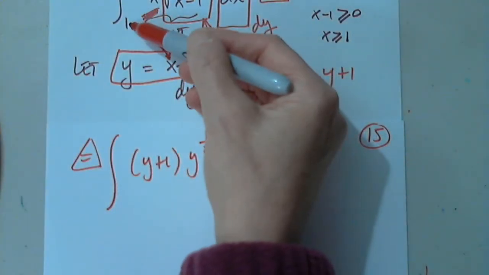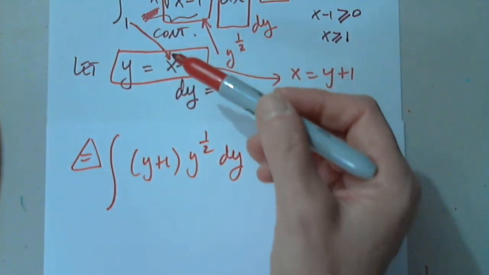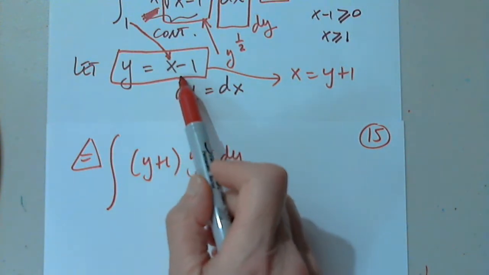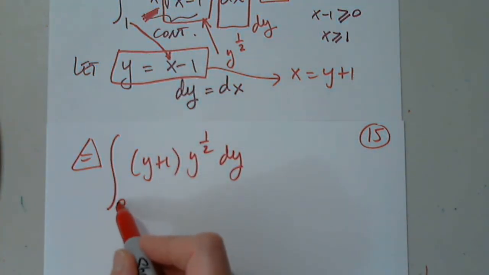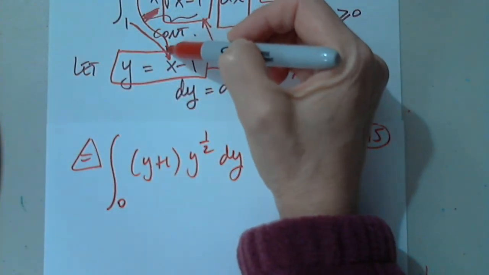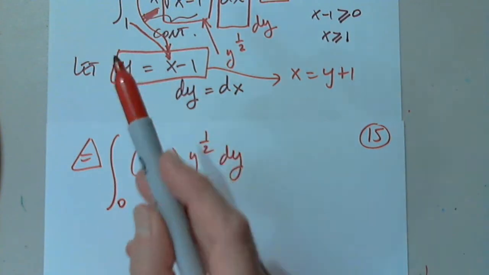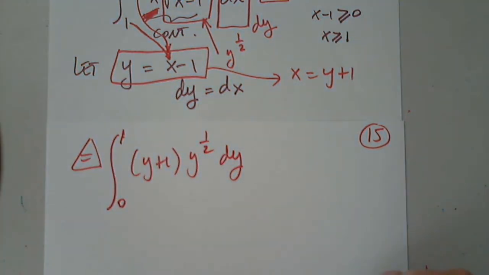When the lower limit for x is 1, what is the lower limit for y? 0. Excellent. When the upper limit for x is 2, what is the upper limit for y? 1. Exactly.